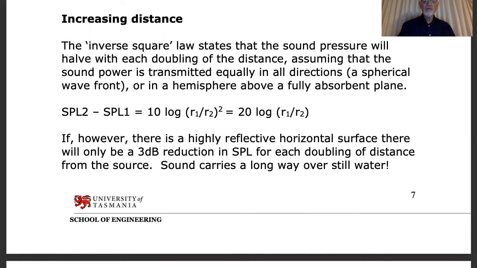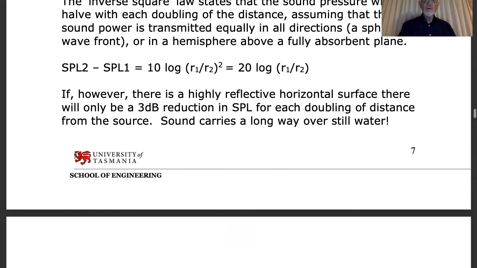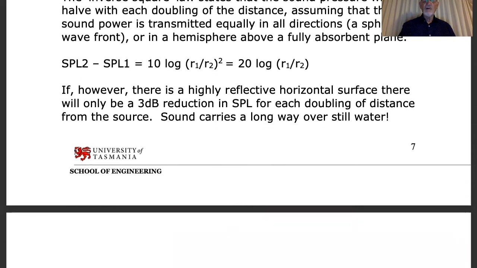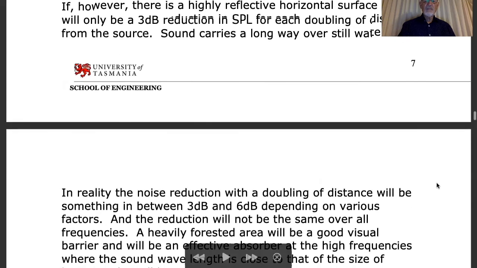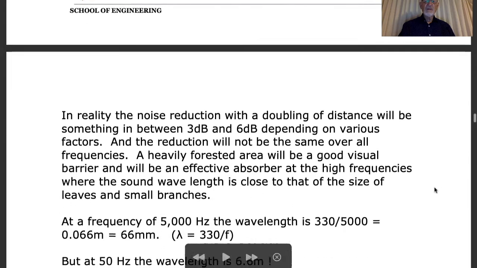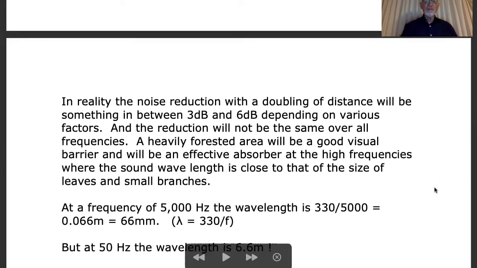So that's the maximum you could get. But what can happen is that there are surface effects, and you can have things like water, which reflects the sound, it doesn't absorb it. And so in reality, the noise reduction with doubling of distance can be something between 3 decibels and 6 decibels.